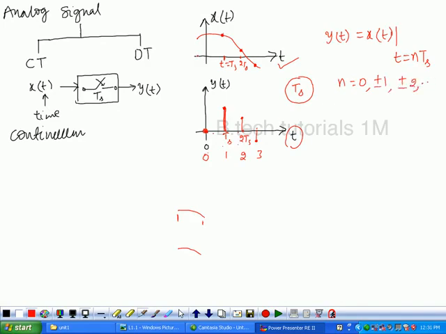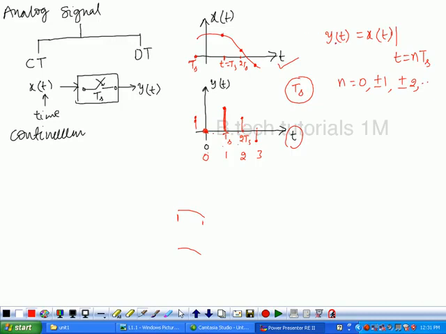For example, if this is minus Ts, here also you will get one output, at minus Ts. So if n equivalent to 0, t is 0. This one. When n equivalent to 1, t equivalent to Ts. This. When n equivalent to 2, t equivalent to 2Ts.